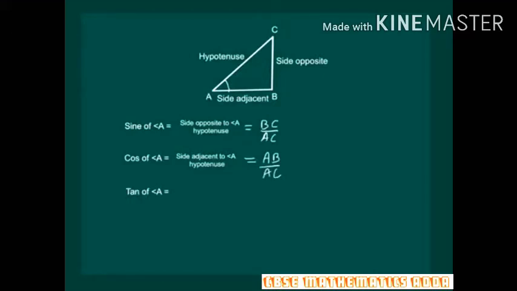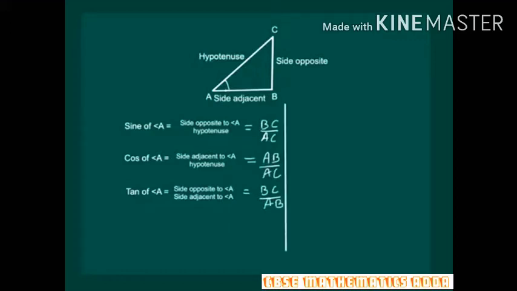Next ratio is tan of angle A, the formula is side opposite to angle A divided by side adjacent to the angle A, and that equals BC divided by AB.